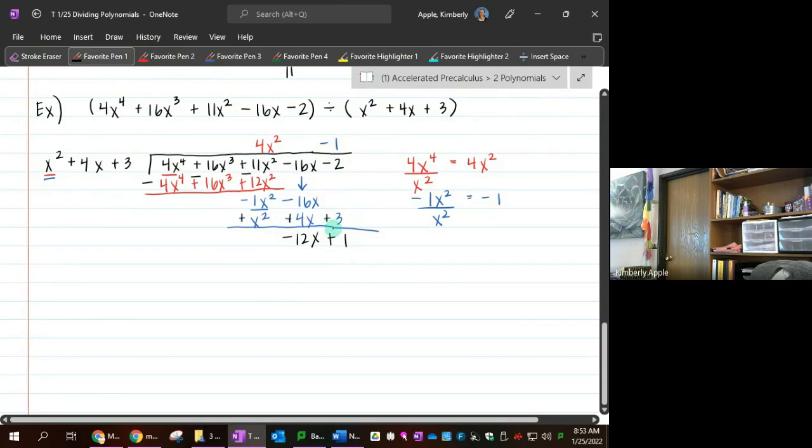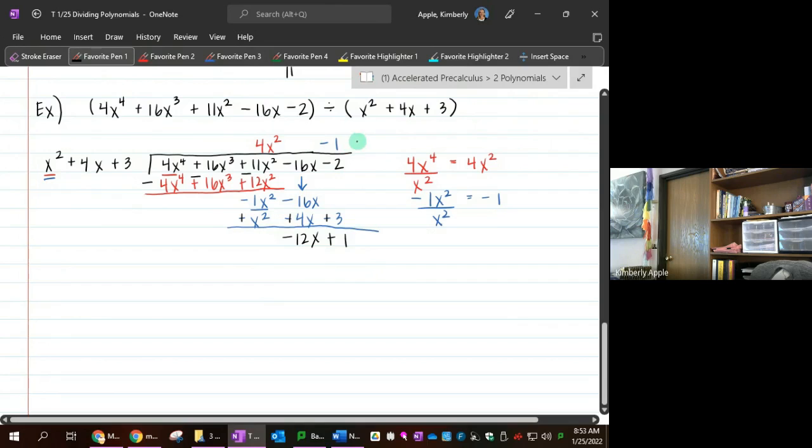Where's the plus 3 from again? Negative 1 times positive 3 equals negative 3, and then we subtract, so it becomes positive 3. But then we also have this hanging out up here. It can't be brought down anywhere, so we just add it up.